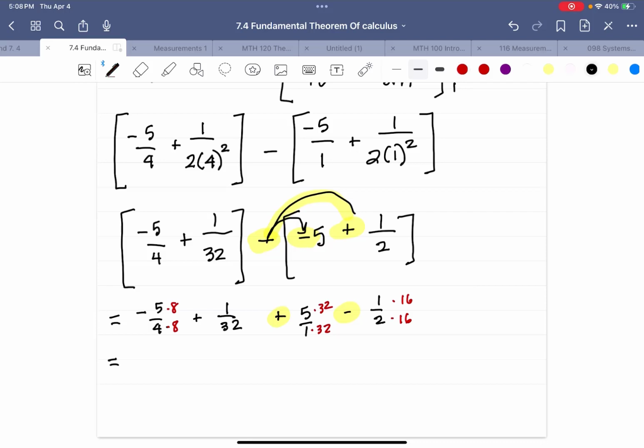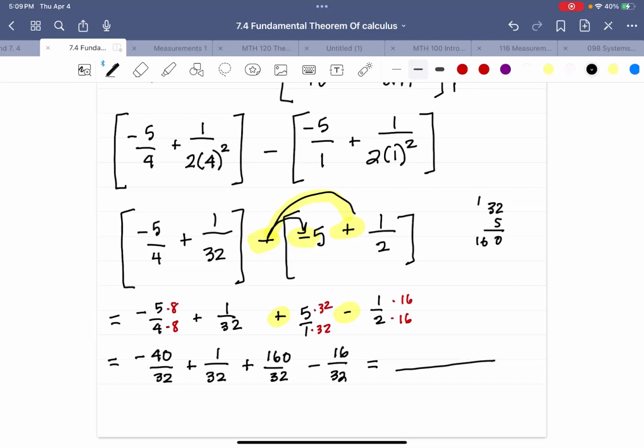So negative 40 over 32 plus 1 over 32 plus 32 times 5, it's 160 over 32 minus 16 over 32. You have to have a common denominator to add and subtract fractions.